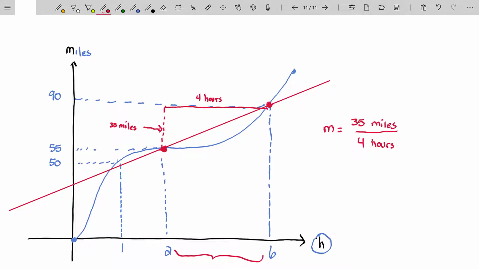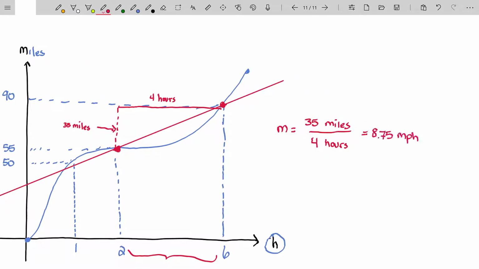It's exactly 8.75 miles per hour. Not very fast, but nobody really cares about that. What's important here is that the interpretation of the units there tells us that this is a velocity. So the average rate of change in a physical situation when you're doing distance over time is actually just an average velocity.